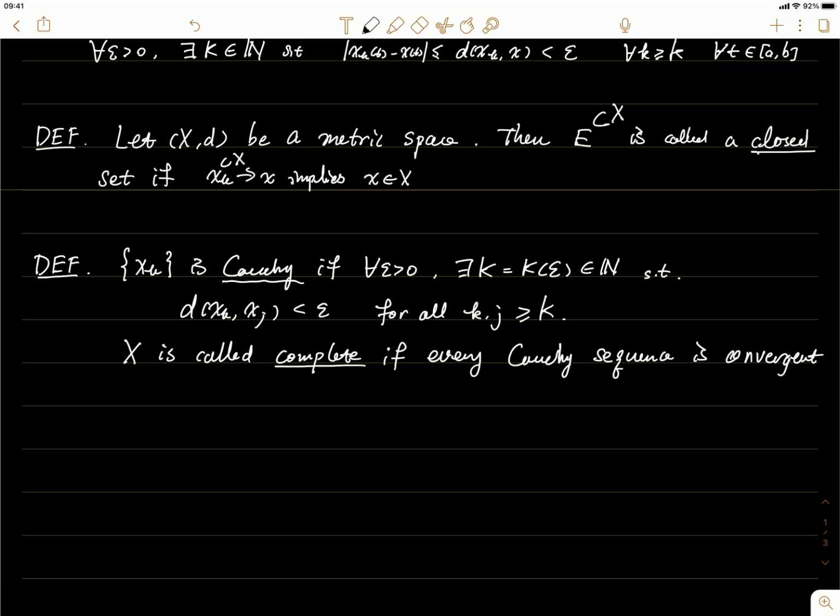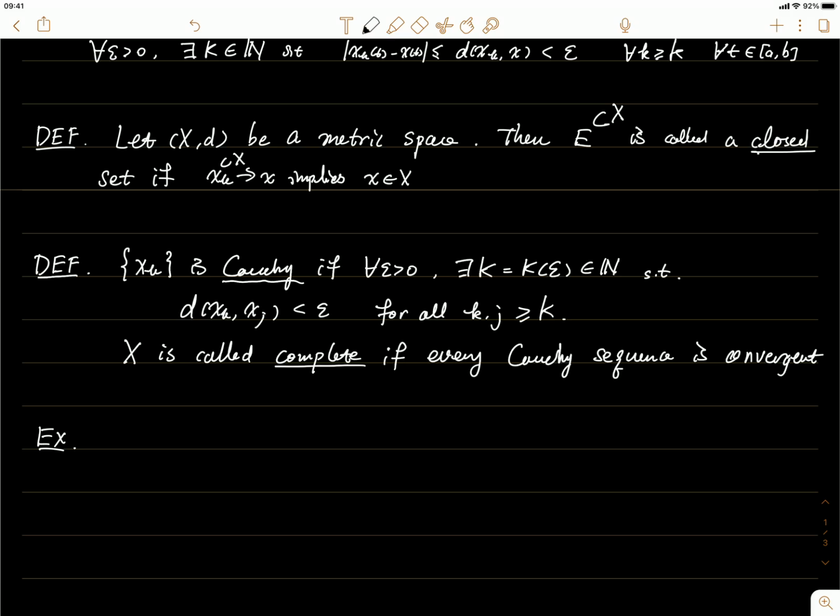Okay, and again, we're going to give a few examples. Since this is a very important concept, I'm particularly interested in the example I just mentioned about the continuous functions. The Euclidean spaces are complete, so I will not talk about that.